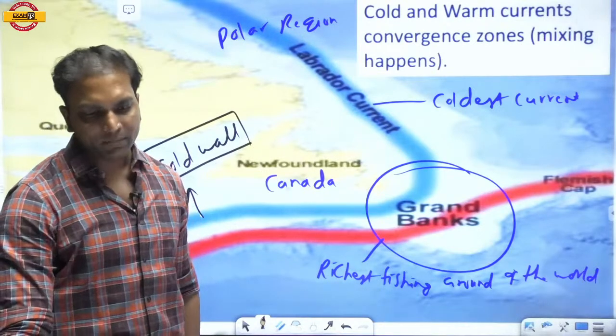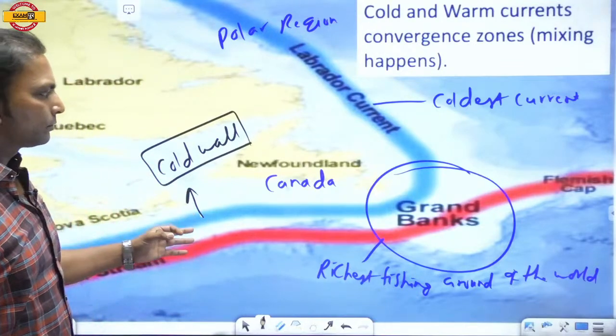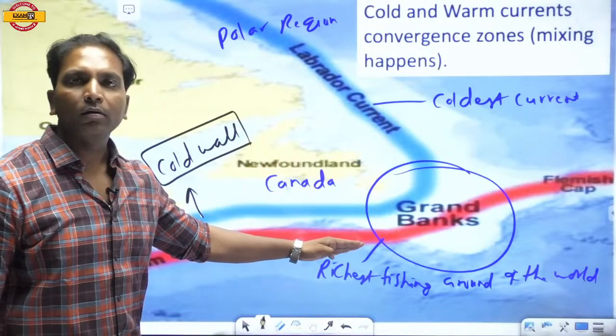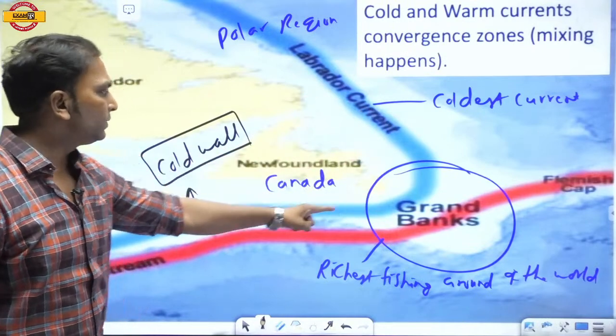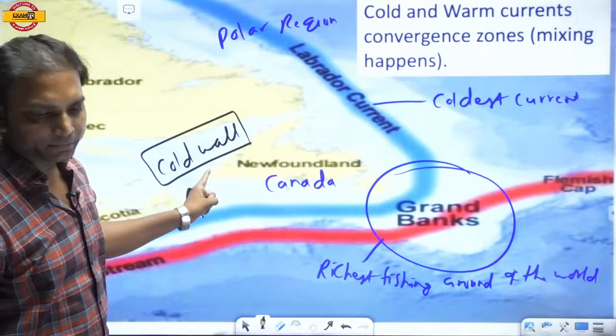There is also a cold wall you can see between the coastal region and the Gulf Stream region. One part of the Labrador current moves to this side, and it creates a cold wall.